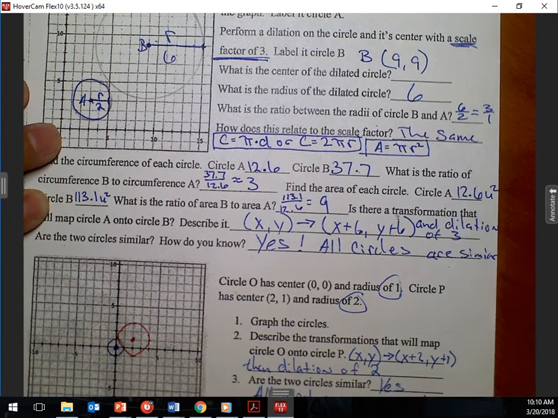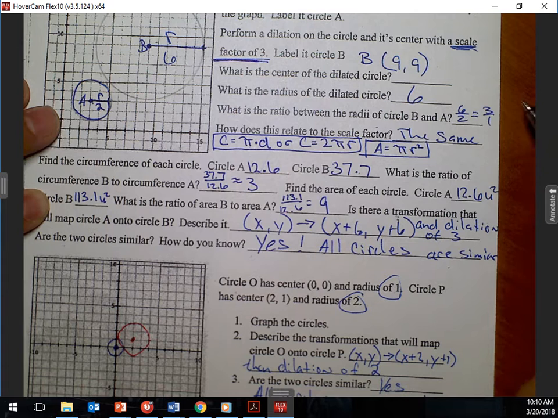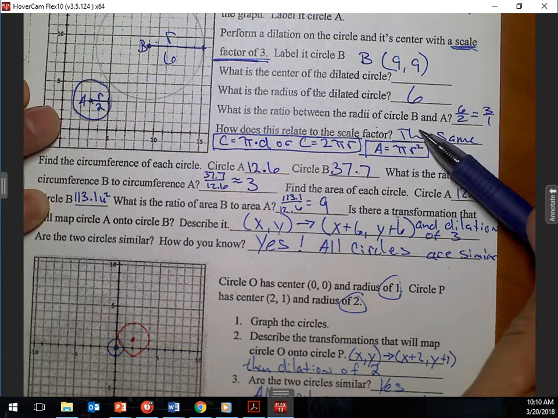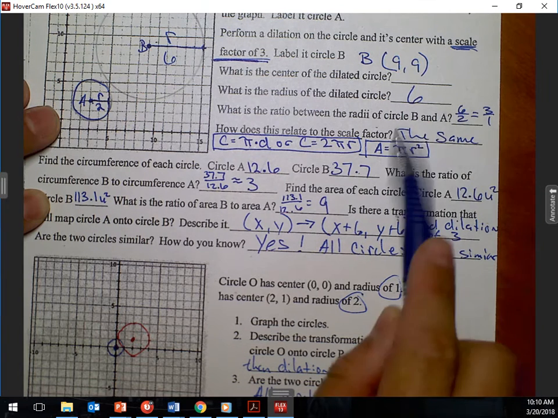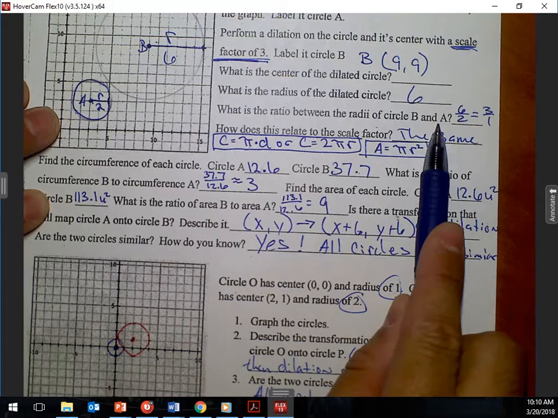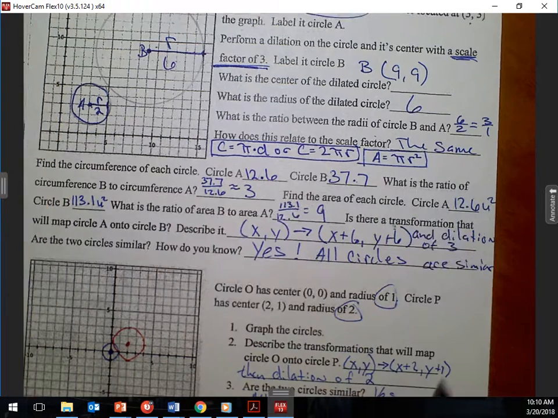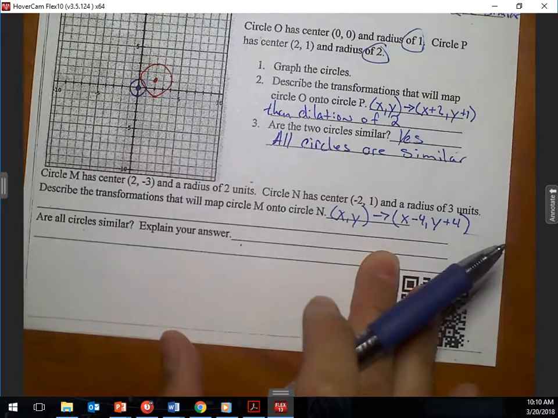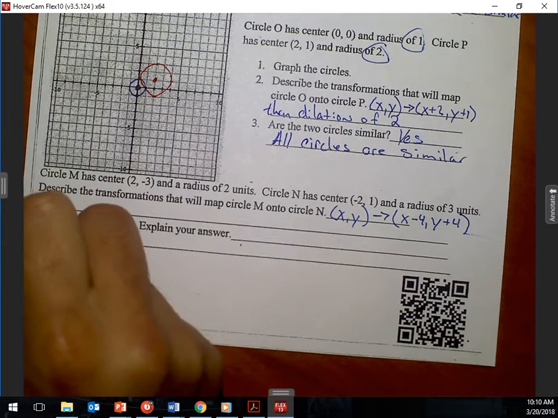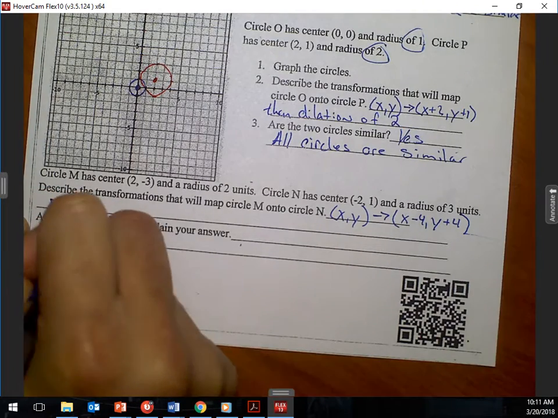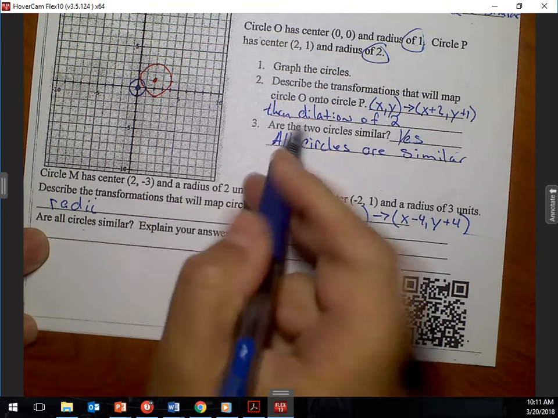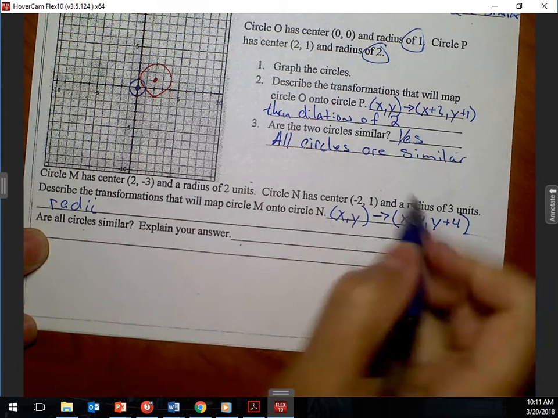It would be the second one over the first one.